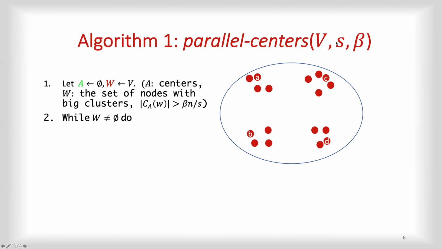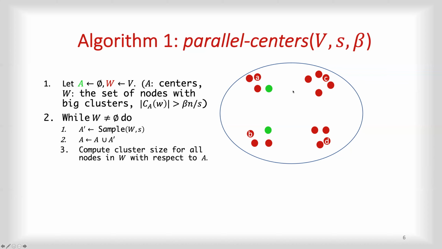And s is a sampling probability parameter. Okay, so while W is not empty, we add a sample with expected size s from W to the set of centers, and then using these new nodes, we recompute the cluster for each of these vertices.